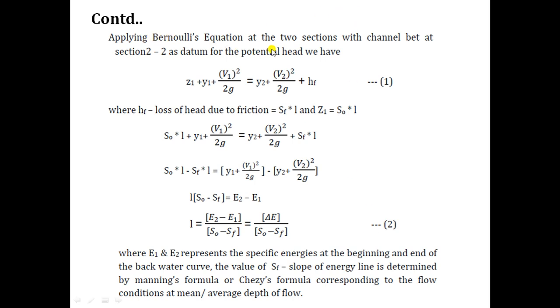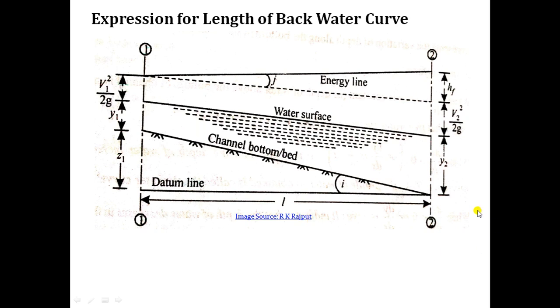Now if we apply Bernoulli's equation at these two sections, and if we consider the bed at section 2-2 as the datum, on the left hand side we will be having z1 plus y1 plus v1 square by 2g.